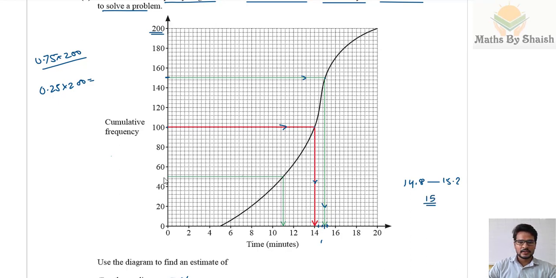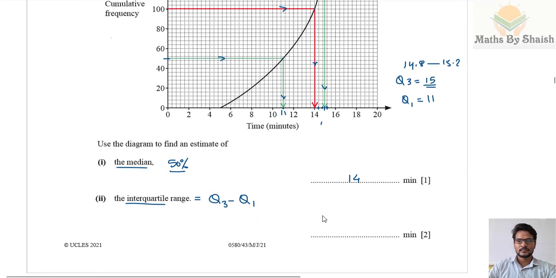And for Q1, which is 50, of course, we will go to the graph from the 50, and once we reach the graph, we will come down to find the x value, and it is coming in between 10 and 12, so this is going to be 11. So we can take Q1 as 11. Once we got Q3 and Q1, it is 15 minus 11, and that is 4. So the interquartile range is 4 minutes.